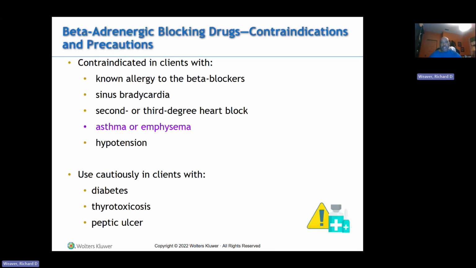Remember, that particular condition is associated with hyperthyroidism. And remember, in hyperthyroidism, the heart rate is usually up. So if I'm giving the patient this particular drug for some other cardiac reason, it is going to cause the heart rate to be lower.